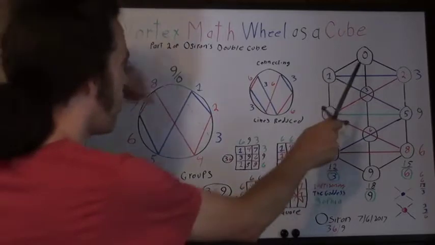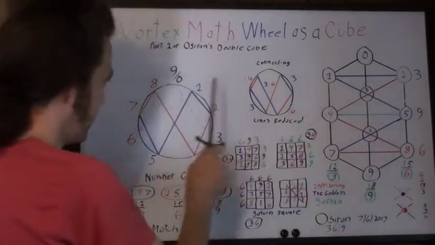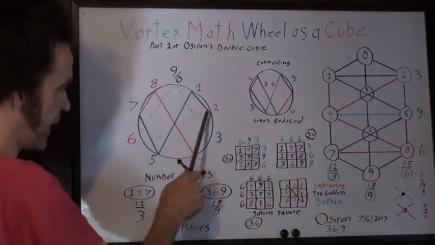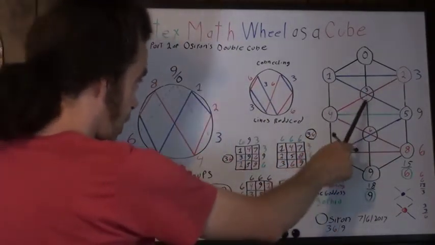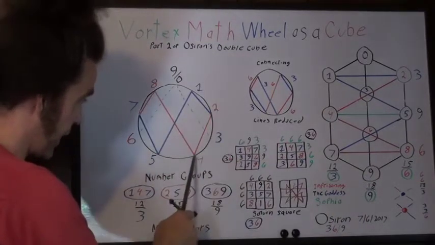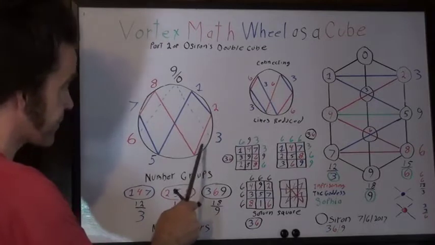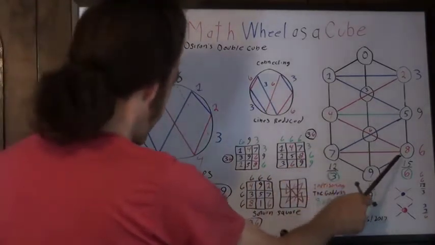So 1 to 2, here is a blue line, and 1 to 2, here is a blue line. Now 2 to 4, here is a red line, and it crosses 3 here. And 2 to 4 is a red line, and it crosses 3. Now the very next one, 4 to 8, crosses 6, and it's a red line.